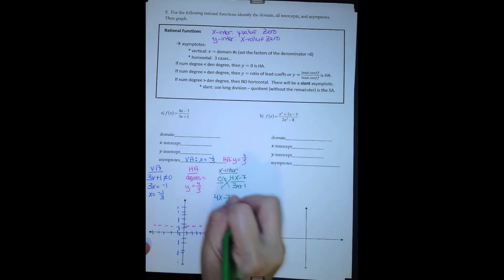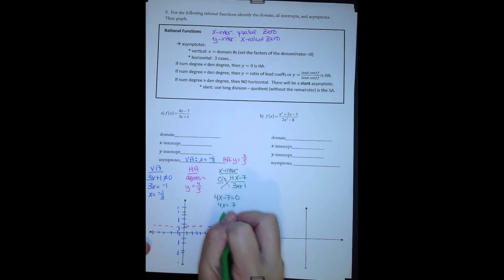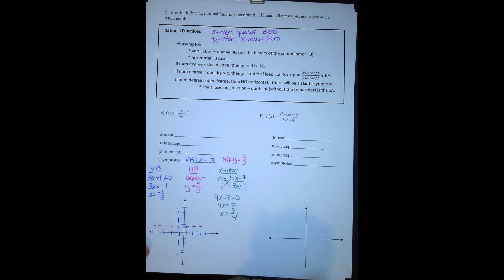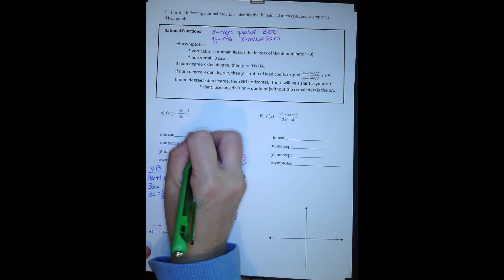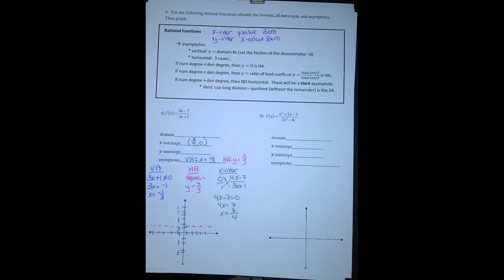So 4x minus 7 equals 0. 4x equals 7. X equals 7/4. And once again, intercepts are ordered pairs. So 7/4, comma, 0. So that would be 1 and 3/4. So about right there.